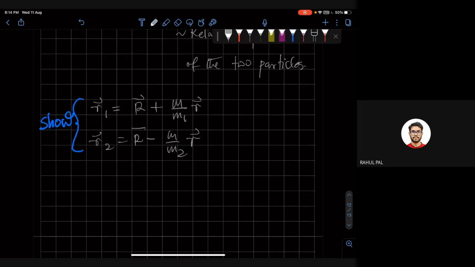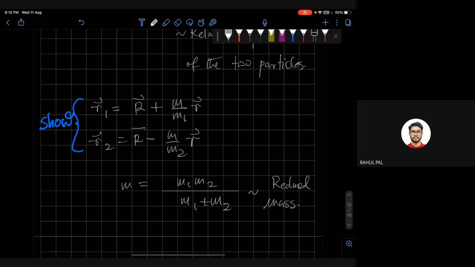And M is going to be M1 M2 divided by M1 plus M2. So M is not M1 plus M2, M is M1 M2 divided by M1 plus M2, and this is called the reduced mass.